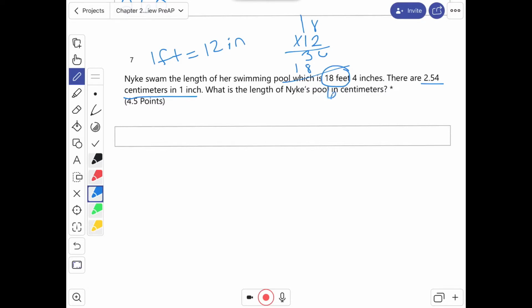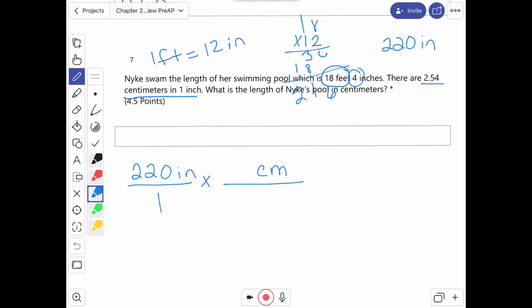And we would get 216. Plus that 4 makes 220 inches. So we have 220 inches, and we want to change it to centimeters.